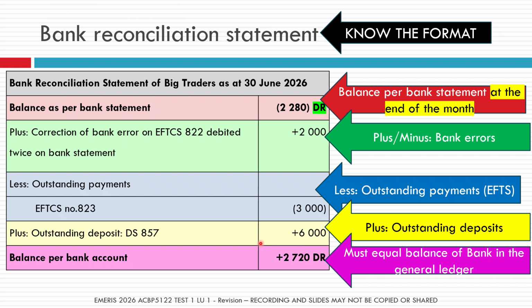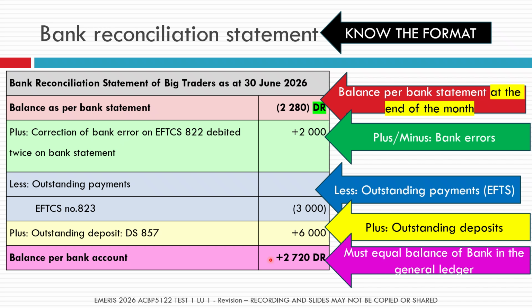And how do we calculate this number at the end? So you start with the balance per bank statement. And in this instance, it's minus 2,280 because it's a debit balance. Then you plus, in this example, the error. You always subtract the outstanding payments. You always add the outstanding deposits.